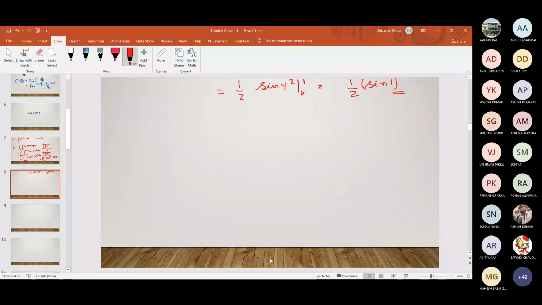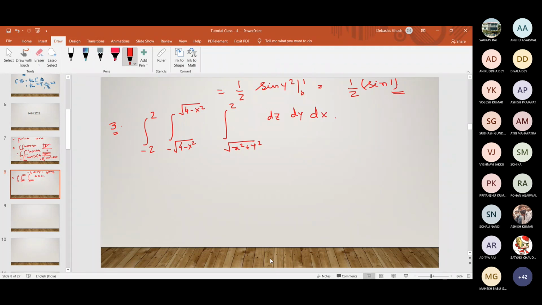If we come to your third problem, integration from minus 2 to 2, integration from minus under root 4 minus x square to under root 4 minus x square, and under root of x square plus y square to 2, dz dy dx.